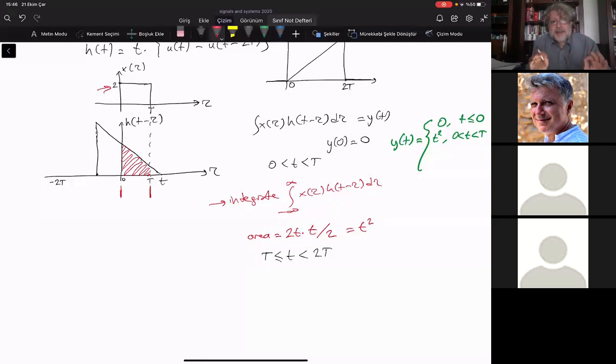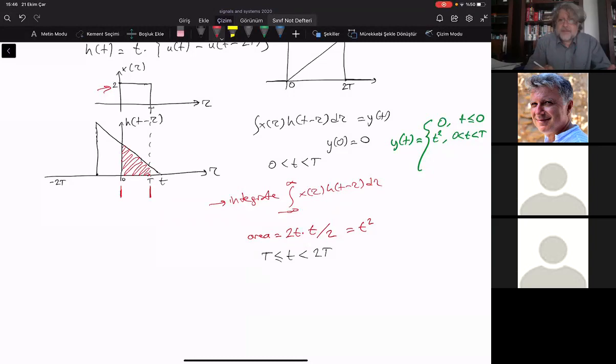I'm literally multiplying the top shape and the slid bottom shape. Because sometimes students just assume that multiplication of the two just corresponds to cutting one of them. It's of course cutting, but it's also multiplying the values too. So this time the multiplication value is 2. We are getting twice of it.